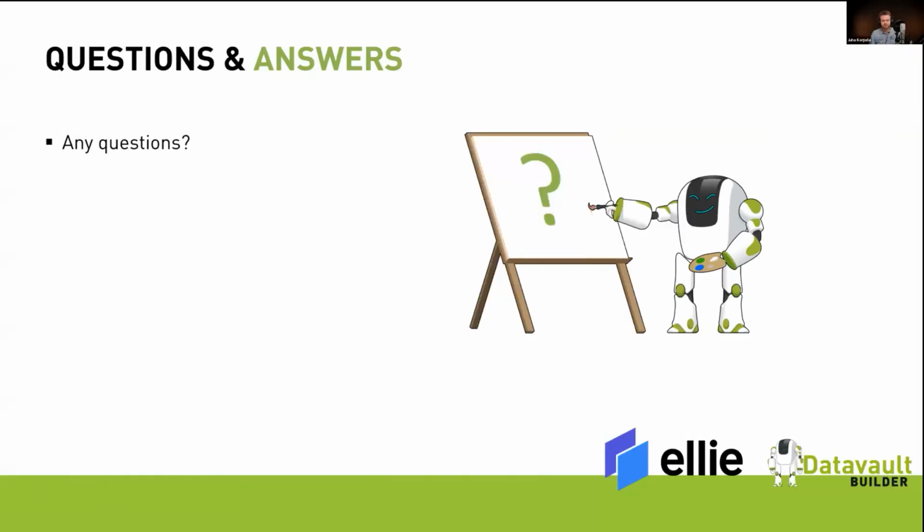There's another question from Andrew asking, would Ellie be introducing data stewardship capabilities within the tool? That's a good question. We actually just posted about our roadmap and our vision on our blog on ellie.ai, our website.